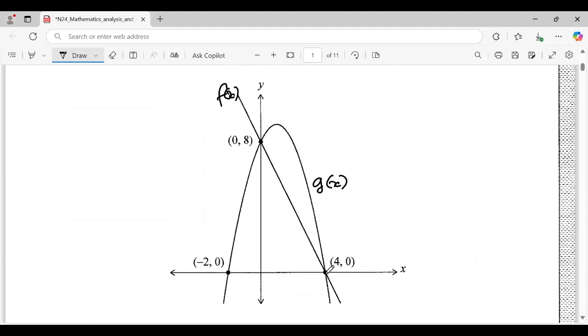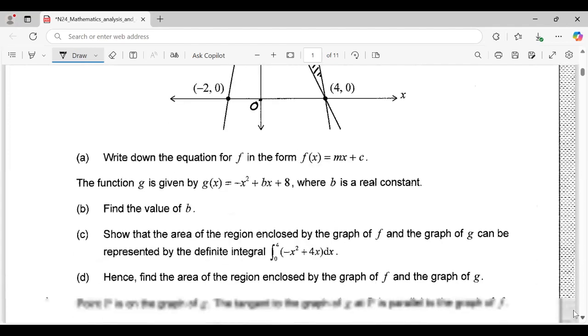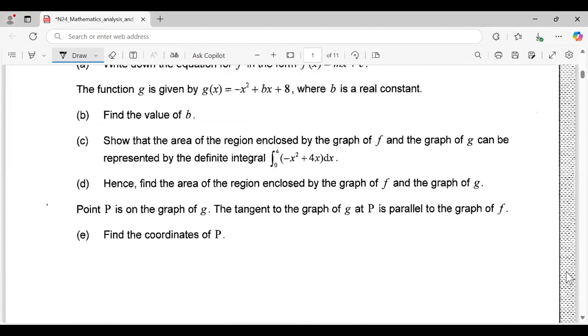So the integral is from 0 to 4, this is the area we are going to calculate, x from 0 to 4.